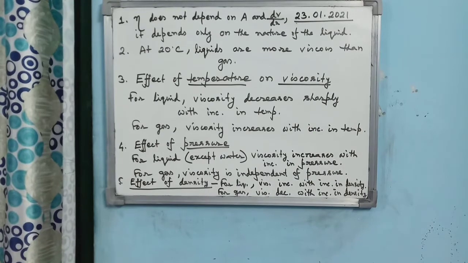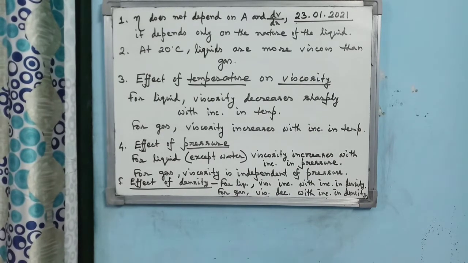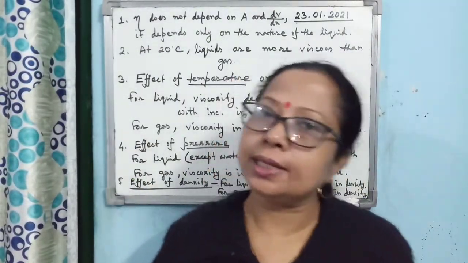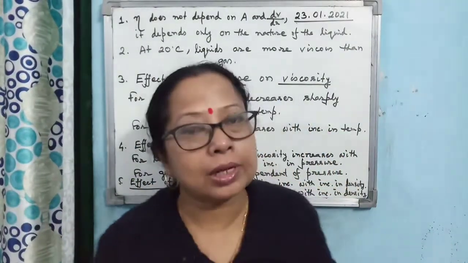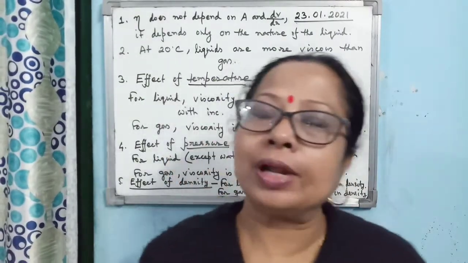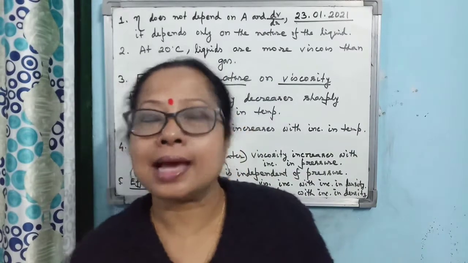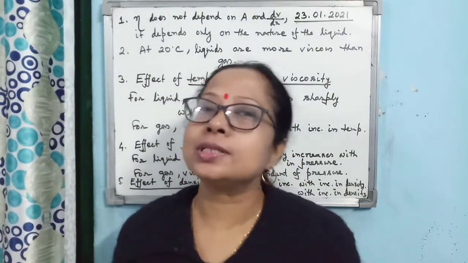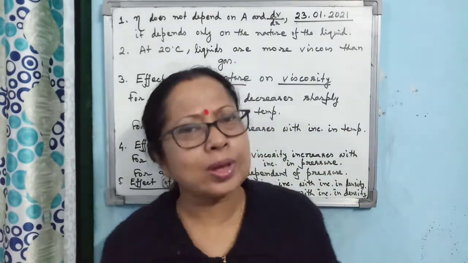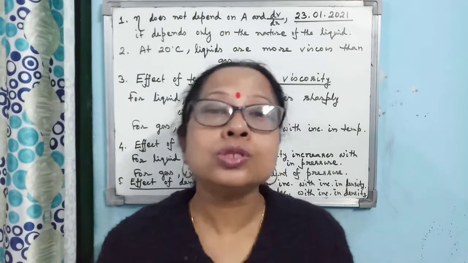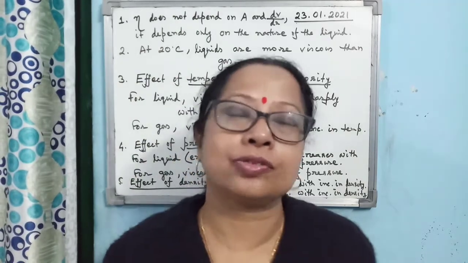So next are a few concepts associated with viscosity. As the first point I already mentioned, the coefficient of viscosity depends only on the nature of the liquid. It does not depend on the surface area or the velocity gradient. Next is another very important fact. In the viscosity and surface tension chapters, these two chapters are so interesting because every day in our day-to-day life we use the concept of viscosity and surface tension.